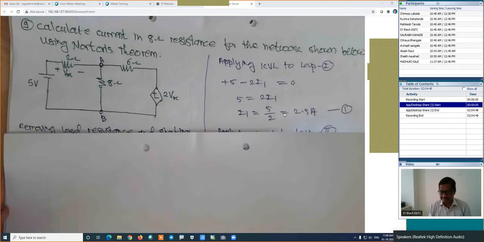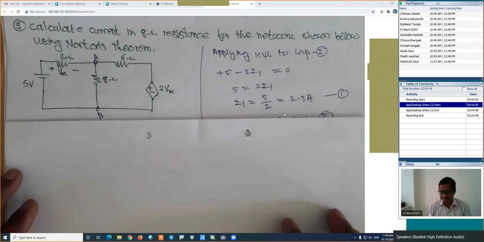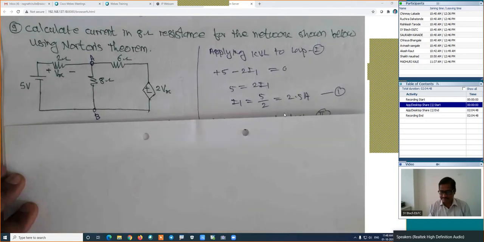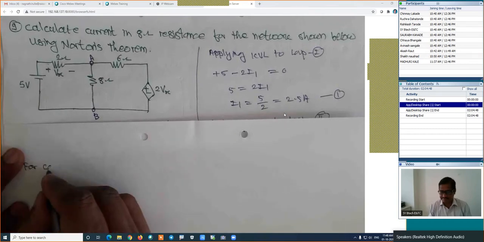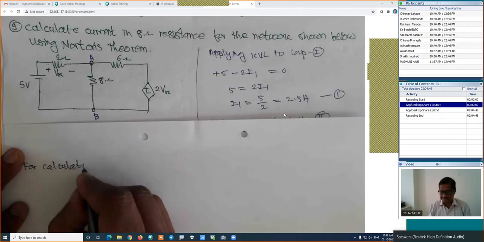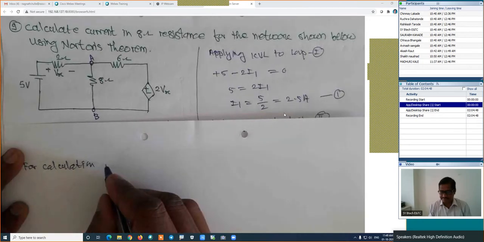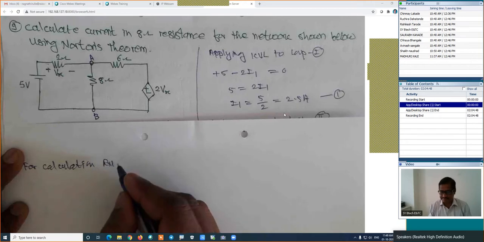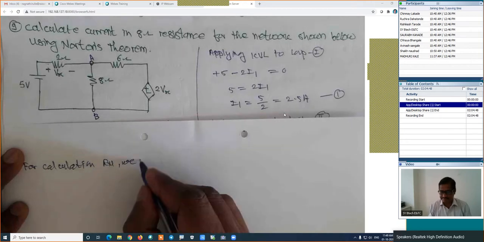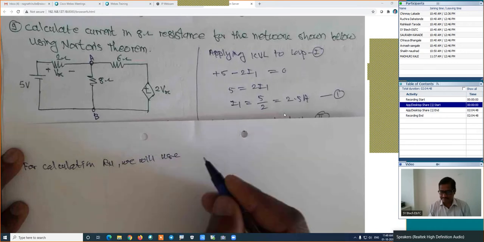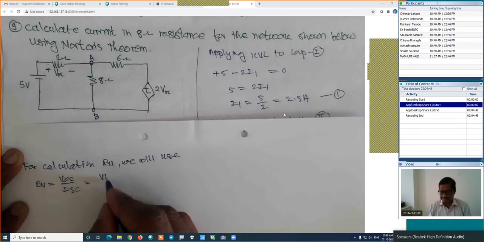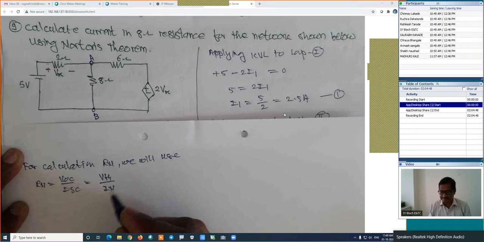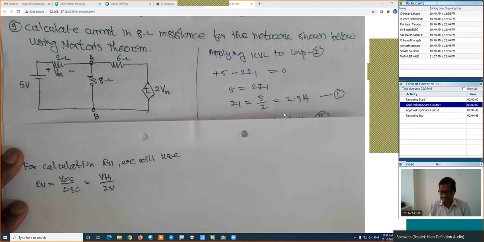For calculation of Rn, we will use this formula: Rn is equal to VOC upon ISC, which is the same as VTH upon IN. Now we will find out the VTH first, or VOC.